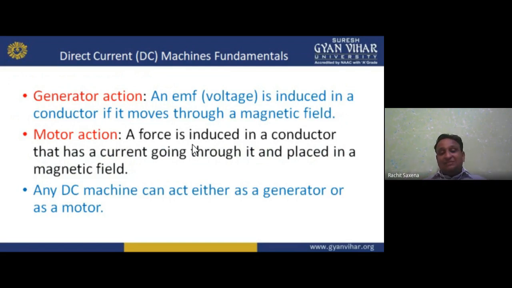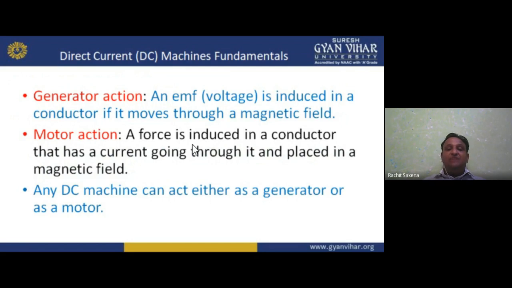So any DC machine can act either as a generator or a motor. The construction is the same, the types are also the same, but in a generator we give mechanical input, so I rotate it as per my need, in the clockwise direction.